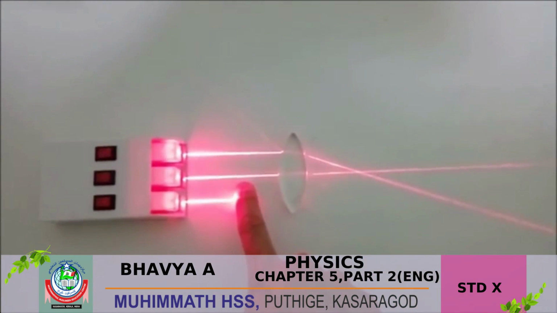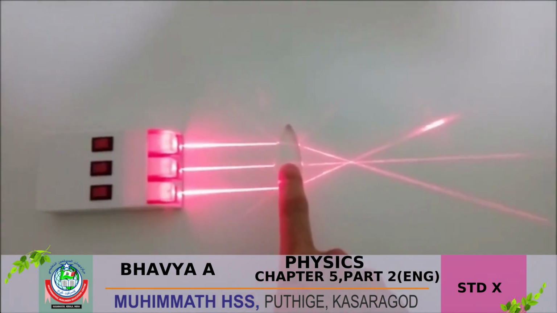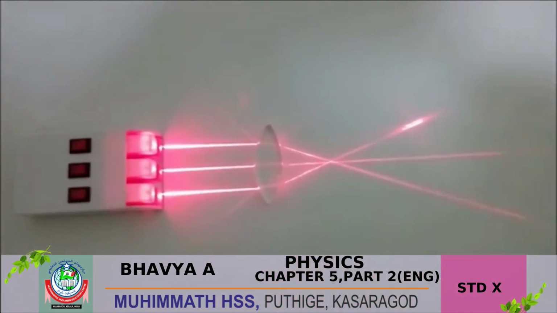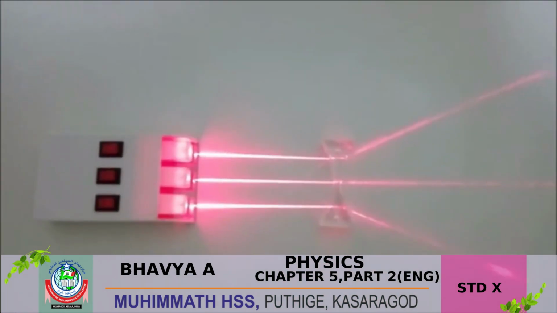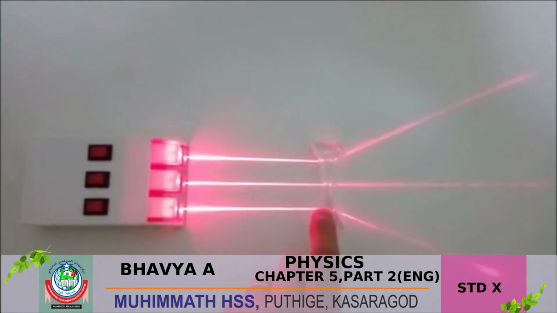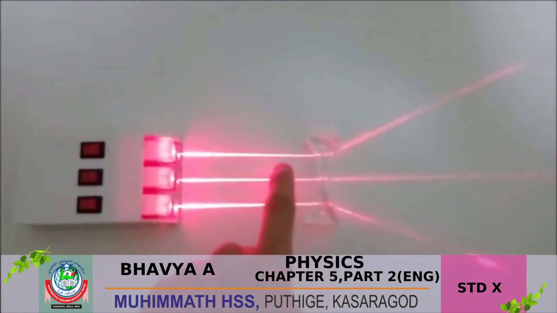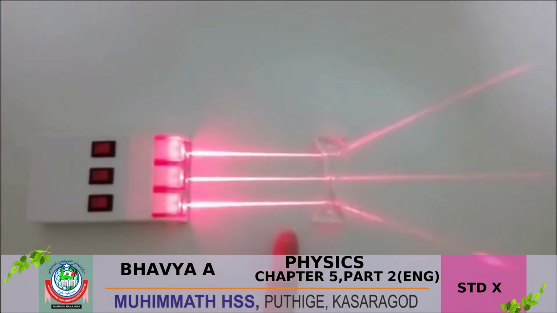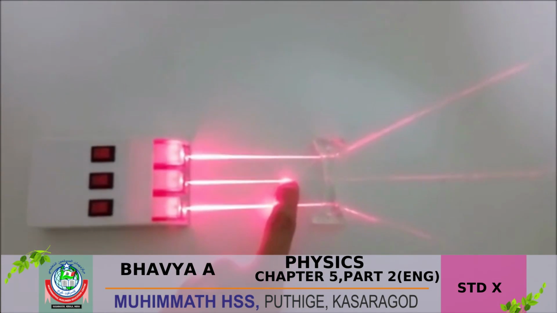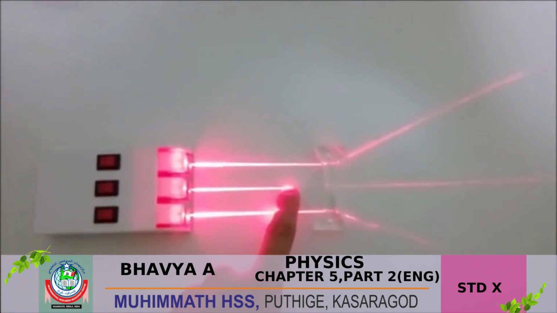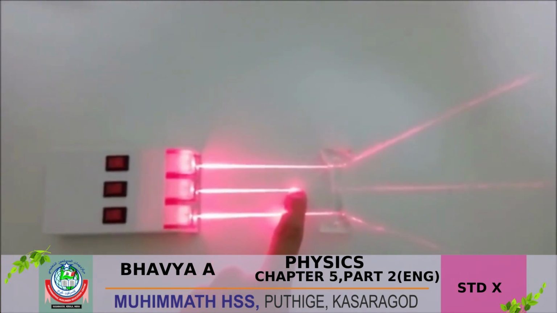And the ray that cuts through the optical center will go straight through without bending. When I place a diverging lens here, the ray will diverge outwards. And if you were to trace back the ray, this point where the ray will converge is the principal focus or the focal point.